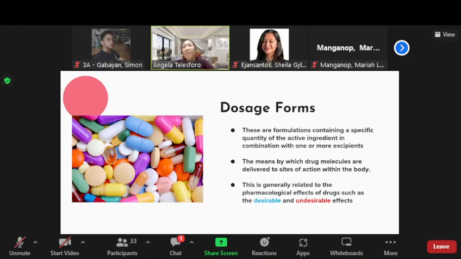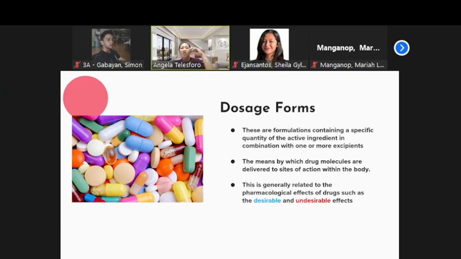So the dosage forms, these are formulations which contain a specific quantity of the active ingredient in combination with one or more excipients. So, meron siyang active ingredient like paracetamol na example, then we combine it with one but it's not only one, usually more than one excipient.